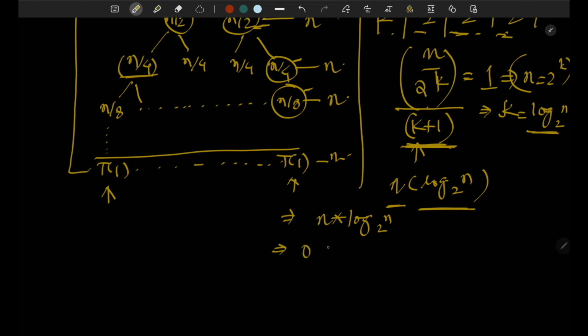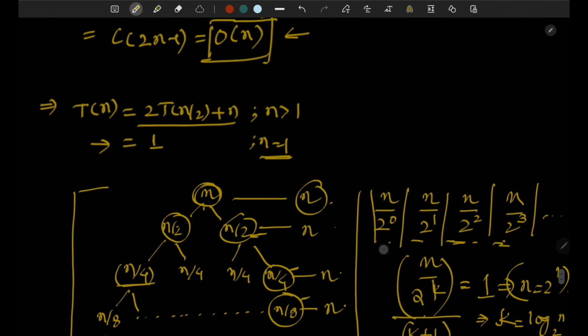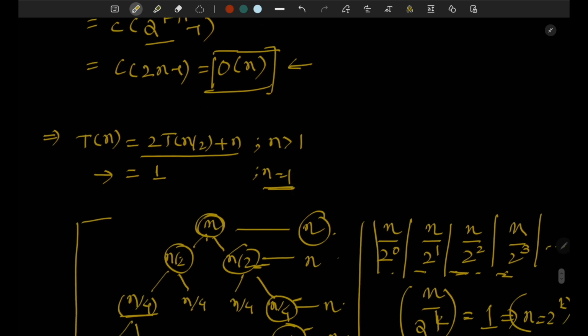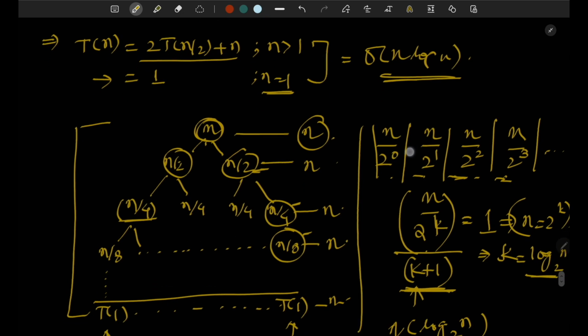And what we have is big O of n log n. So big O of n log n is the time complexity for this recurrence relation. So let me write it here, n log n. And this is how we were able to find out the time complexity using the recursive tree approach.